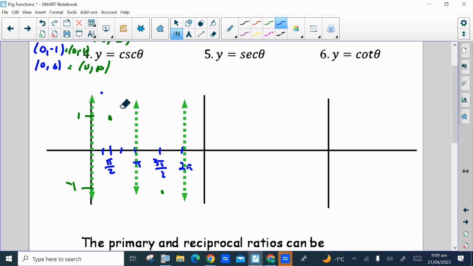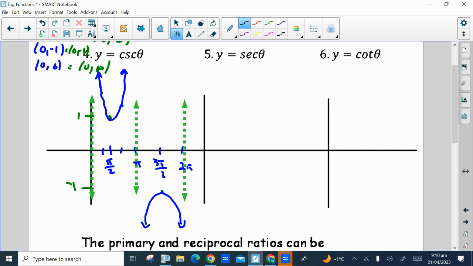So this point here will be somewhere over there. And we could get more points if we wanted to, but what this shows us is that this part of the graph would look like that. And the other part of the graph would just go downwards, approaching the asymptotes. So there's the graph of cosecant theta, the reciprocal of sine.